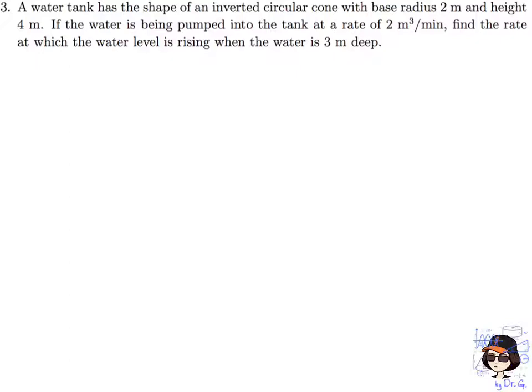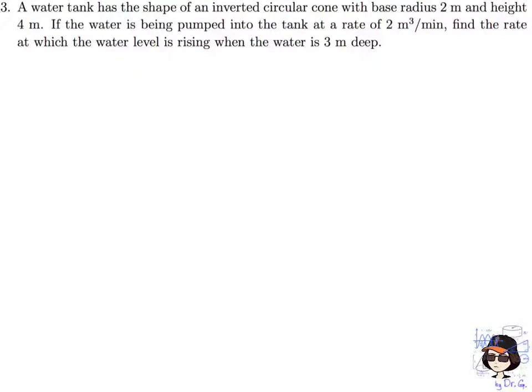And as the water level increases, the top of that conical shaped water is getting wider. So the radius of the surface of the water is also increasing as it fills up the tank. Okay, so we've read and I think we understand the problem. And so now let's move on to step 2.